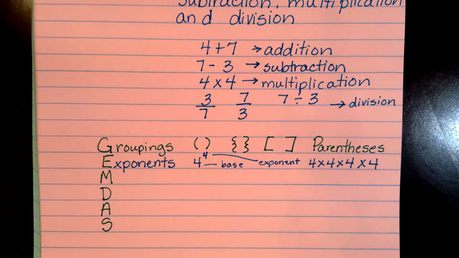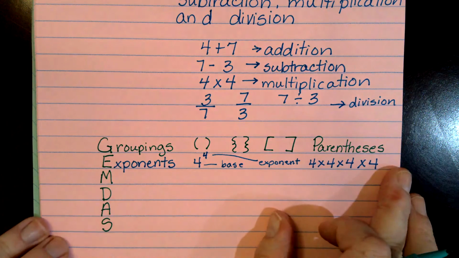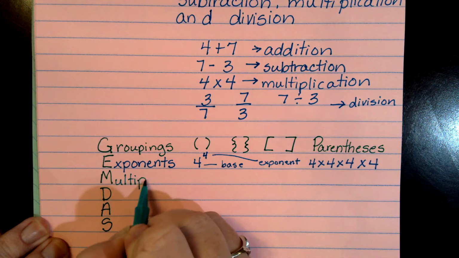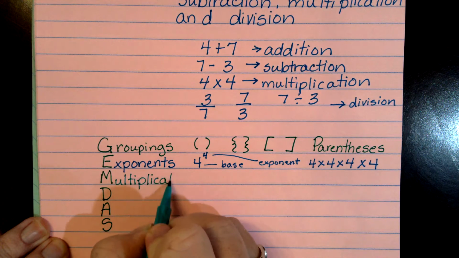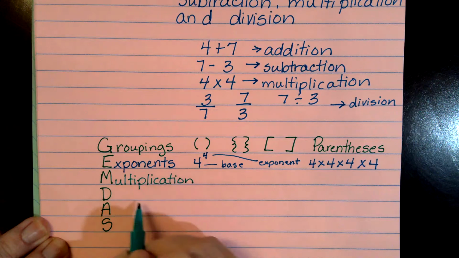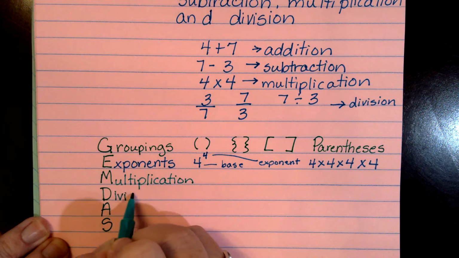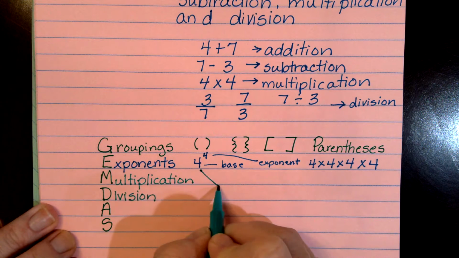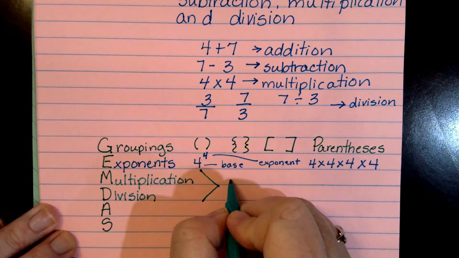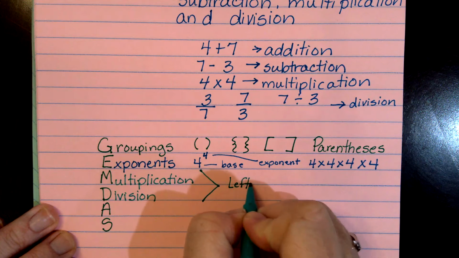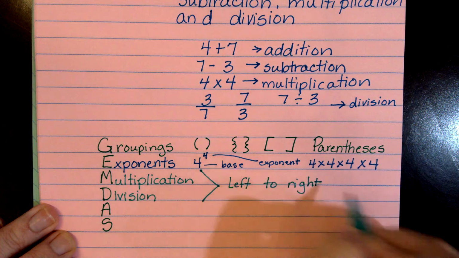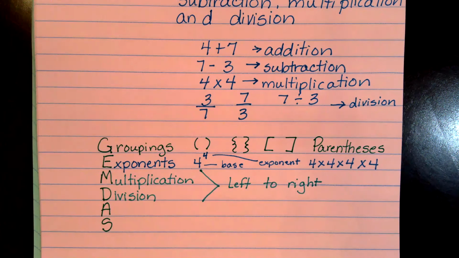Then we do multiplication from left to right, and division from left to right. You will often see the M and the D grouped together for GEMDAS and for PEMDAS.